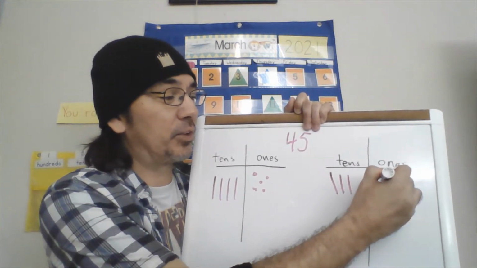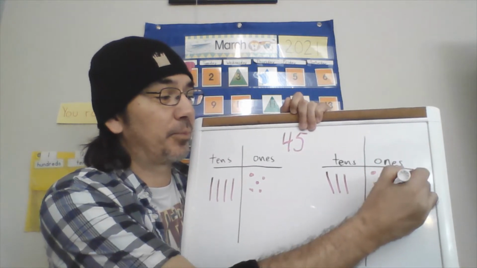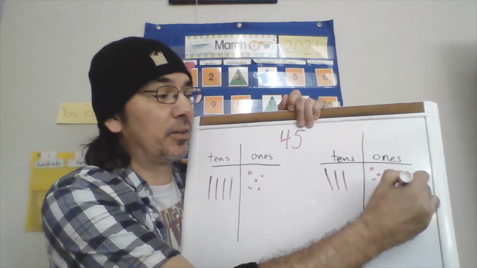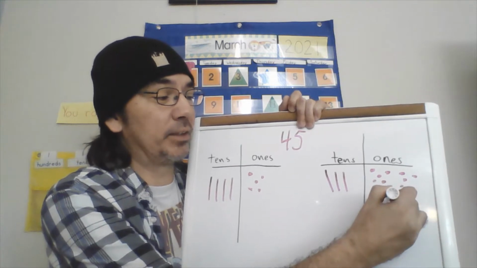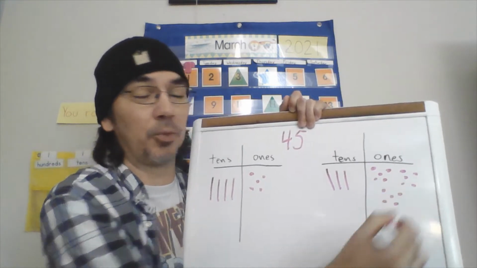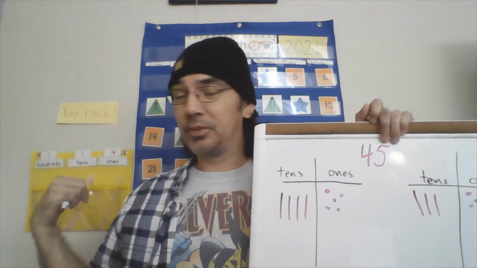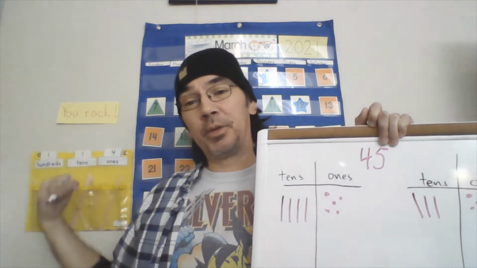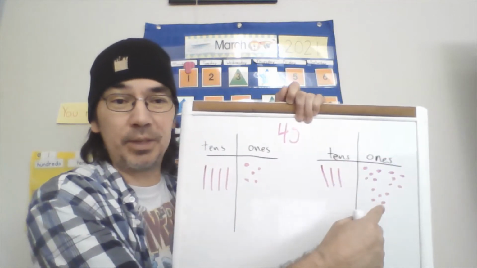So let's do this. Over here, I have too many ones than normal. Like when we do our calendar, sometimes we have 10 ones in here before we group them and move it over. That's what's happened here.